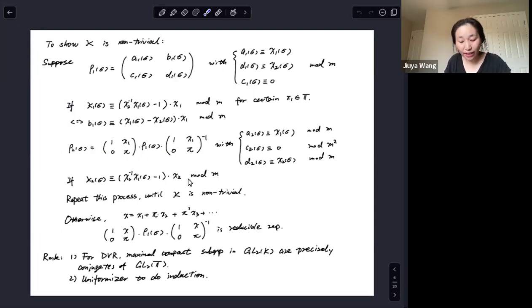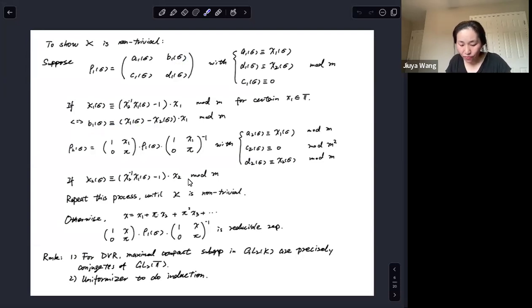Then that means you can find x_1, which gives you an expression of the b_1 entry in this Galois representation.